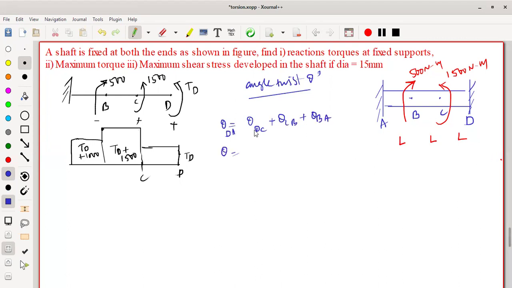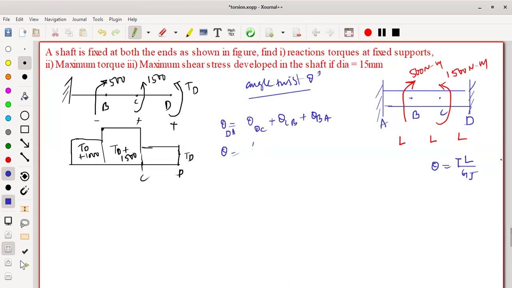So theta is equal to theta D with respect to C, from here to here, CD. You have to use the equation theta is equal to TL by GJ, the same equation we used previously. In this one L is the same for every shaft, G is a metal property so it is constant, and J is the cross section, also constant.